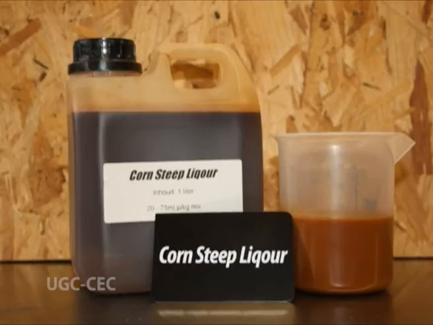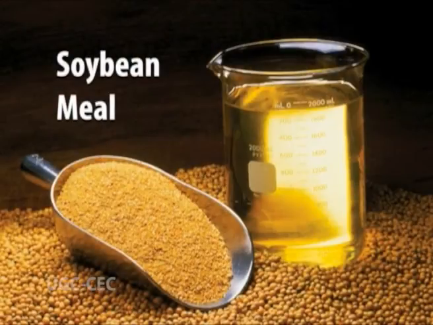Proteins are present in corn steep liquor, soybean meal, etc. These proteins may denature at the air broth interface and form a protein film that does not rupture readily.